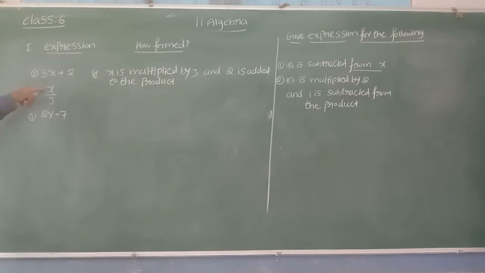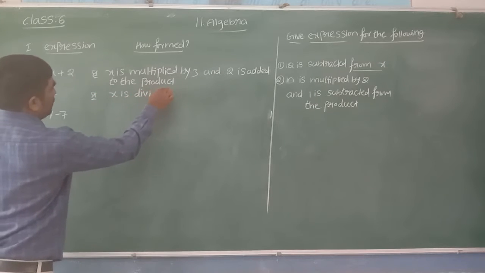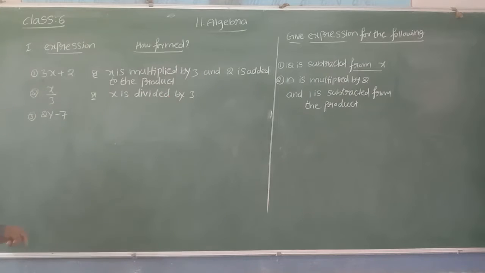Here you can see x by 3. We can write here x is divided by the constant 3. Here, first we multiply: y is multiplied by 2 and 7 is subtracted from the product.